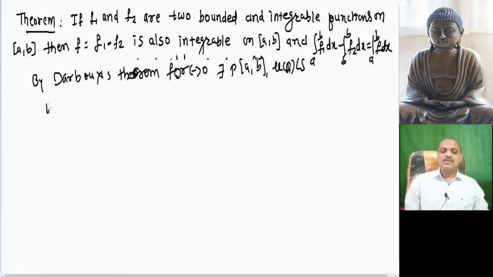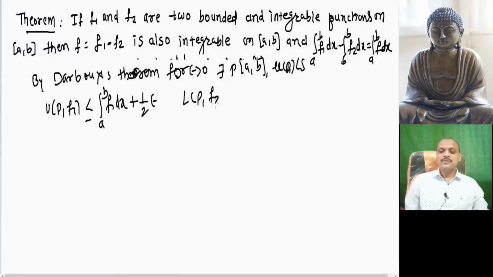We have U(P, f1) is less than or equal to the integration of f1 plus 1 by 2 epsilon, and L(P, f2) is greater than or equal to the integration of f2 minus 1 by 2 epsilon.